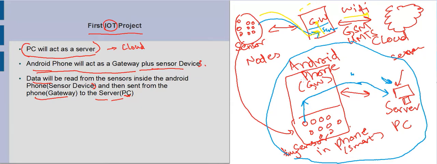So in our case, because all of you or most of you have Android phones or iPhones. If not, you can get one from some friend, and I hope all of you have a computer as well.